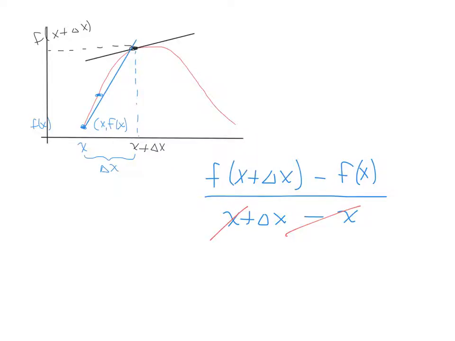So if I were to have it at this point I had here, or maybe here, or maybe here, as my x value gets closer and closer to this spot right here, my line keeps leveling out and approximating this black line we're looking for. And so my delta x, since it's getting smaller and smaller, is approaching 0. And so we end up with our formula for the derivative.